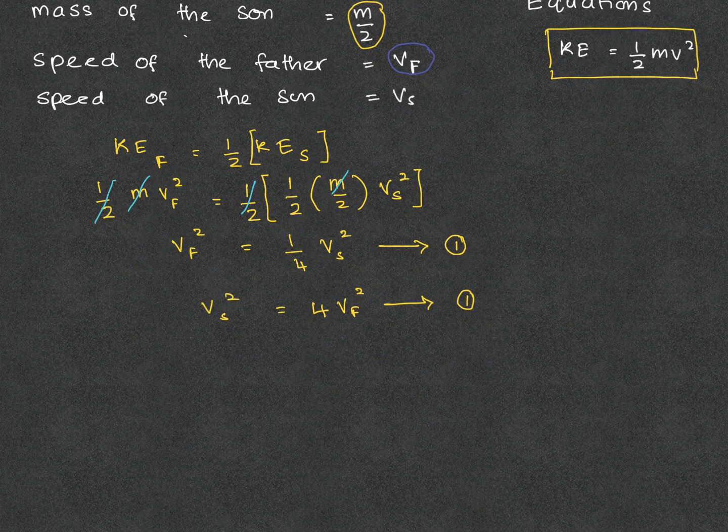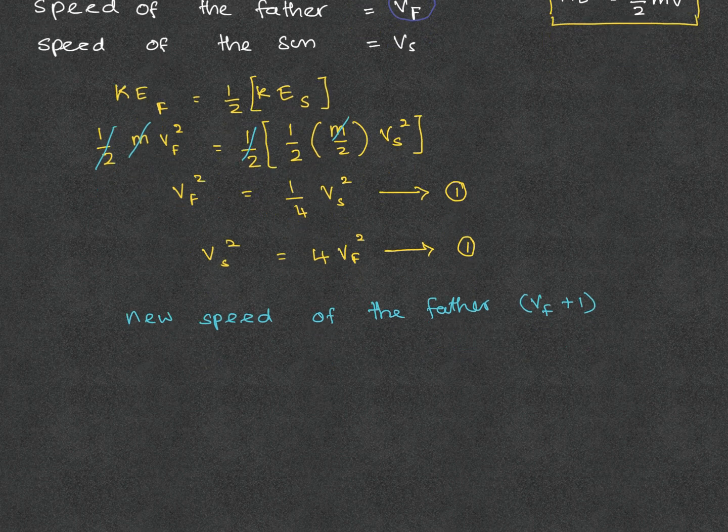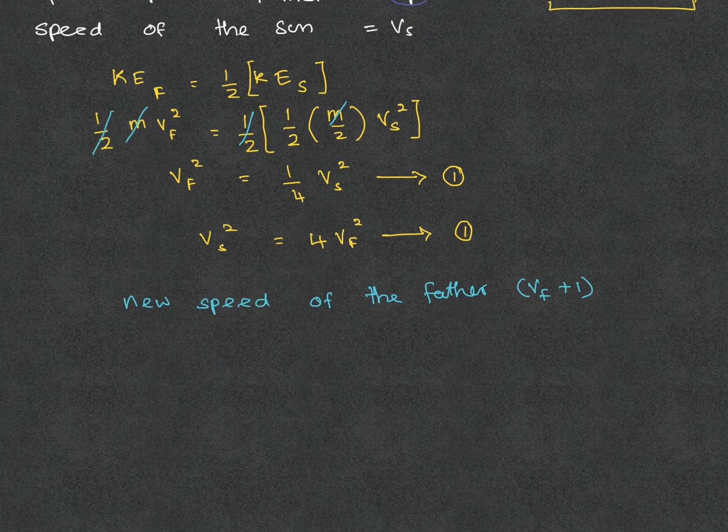So the new speed of the father equals vf plus 1. So it is basically like you are driving at 40 miles per hour, and then you are increasing your velocity by 1 mile per hour. So the total is going to be 41 miles per hour. So the same thing here. The speed is increased by 1.